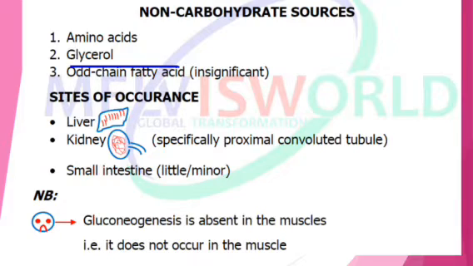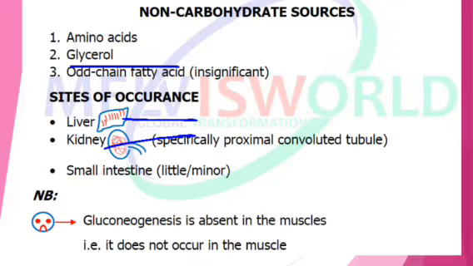Now, what are the sites of gluconeogenesis? You have liver cells and kidney cells. Specifically in the kidney, recall you have the proximal convoluted tubule of the nephron, then the distal convoluted tubule. Specifically in the kidney, where gluconeogenesis takes place is the proximal convoluted tubule. Then the small intestine, where little minor gluconeogenesis takes place.